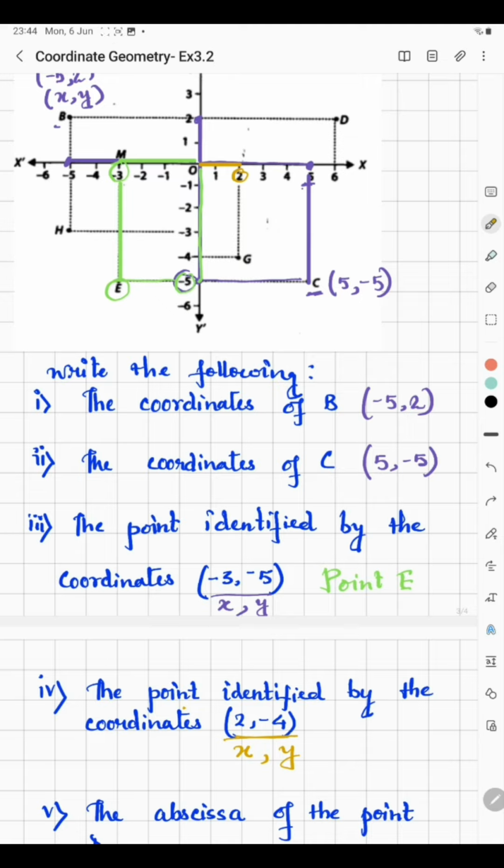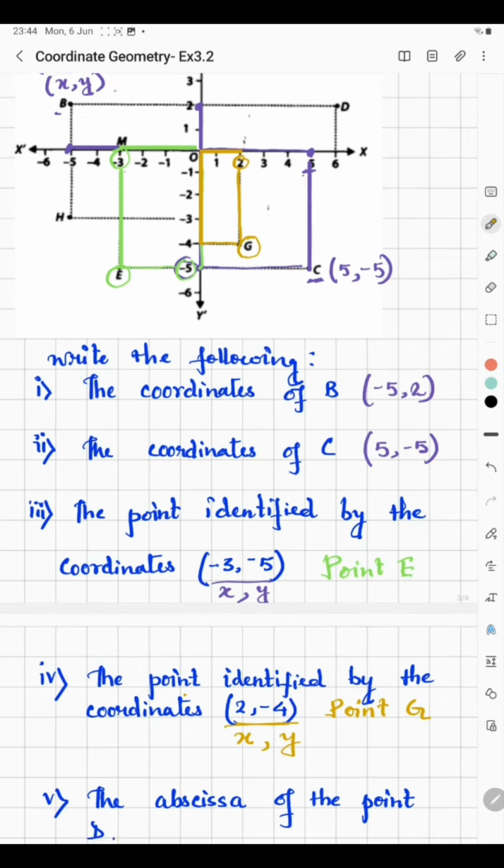To find -4, we'll see the y-axis. -4 means the lower part of the origin. So here is -4. Now from -4, if you draw a perpendicular line, and from 2 if you draw a perpendicular line, the two lines meet at point G. So the point identified by the coordinate 2, -4 will be point G.